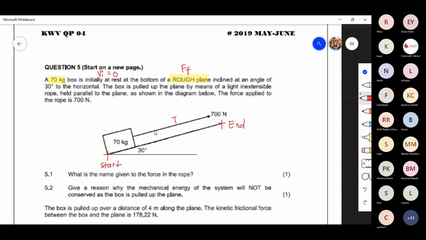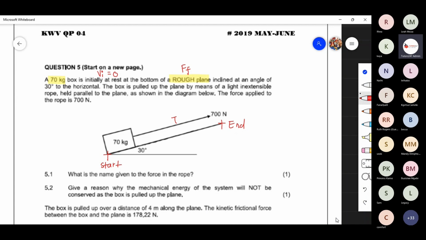So the information that we were able to gain from that paragraph is that this object has a mass of 70 kgs. The initial velocity is 0 meters per second. This object has frictional force. It is inclined at 30 degrees to the horizontal, and there is tensional force of 700 newtons.